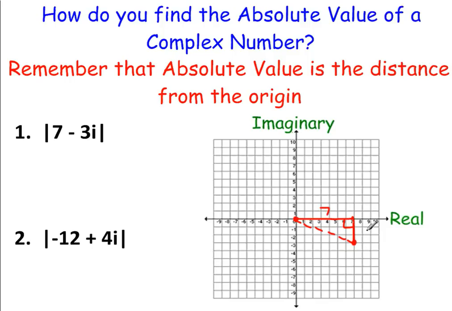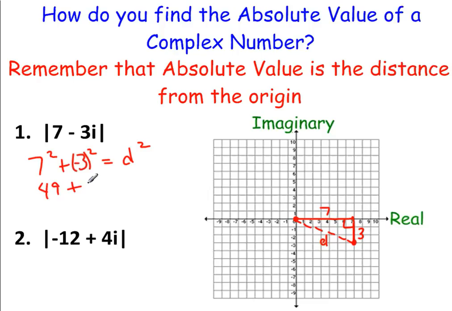So if I go over 7, okay, this is a distance of 3. I can do the Pythagorean theorem, a squared plus b squared, which is basically our negative 3 squared. We can square a negative 3 even though we went down. That gives me a positive, equals our distance squared. I'll just put d for distance.